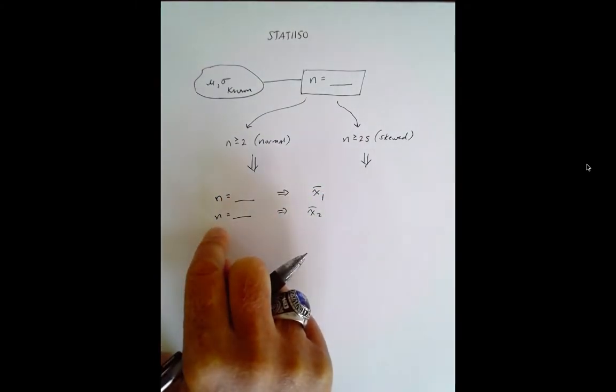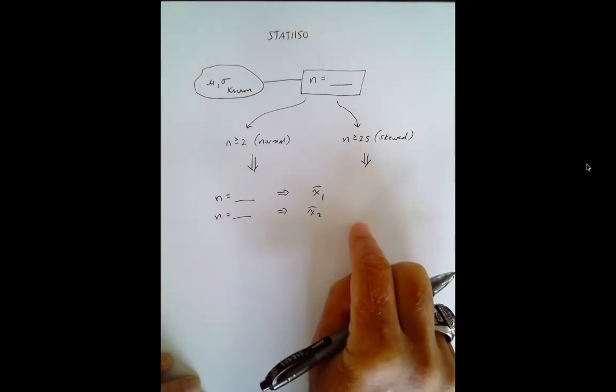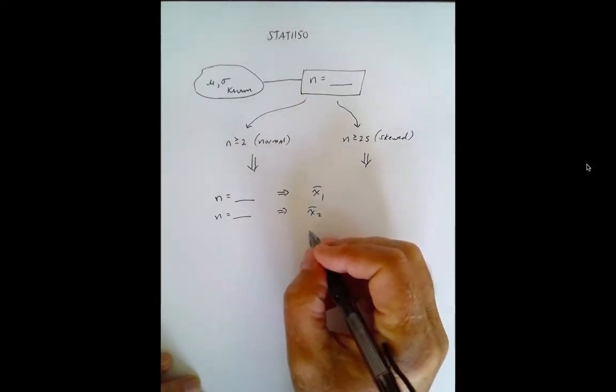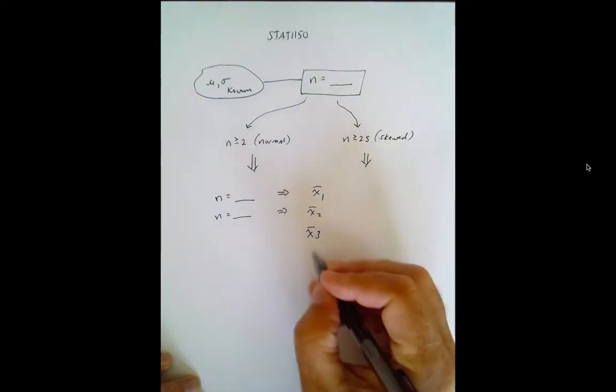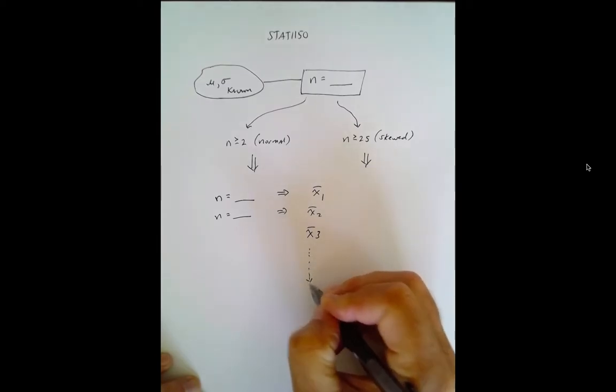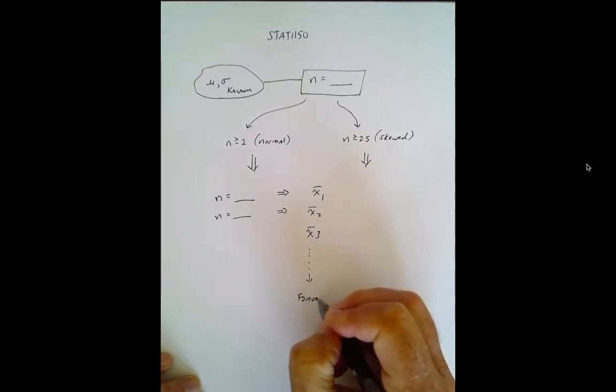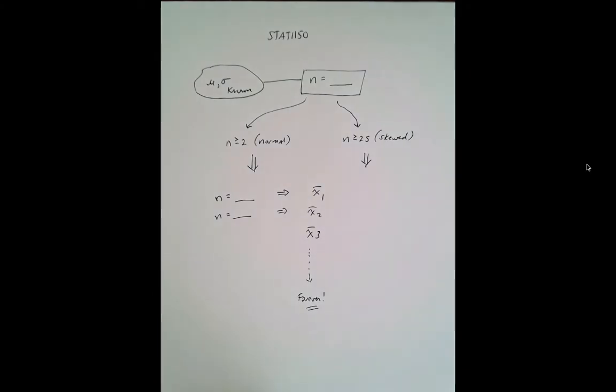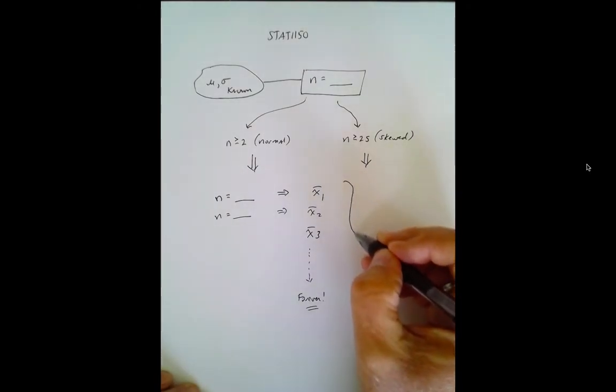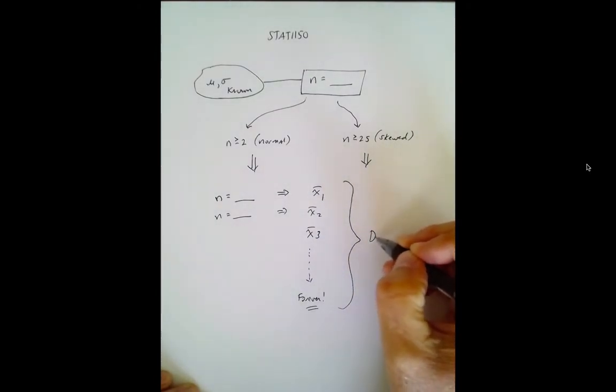If it's 12, choose 12 more, calculate their sample mean. Do it a third time. And do this forever.